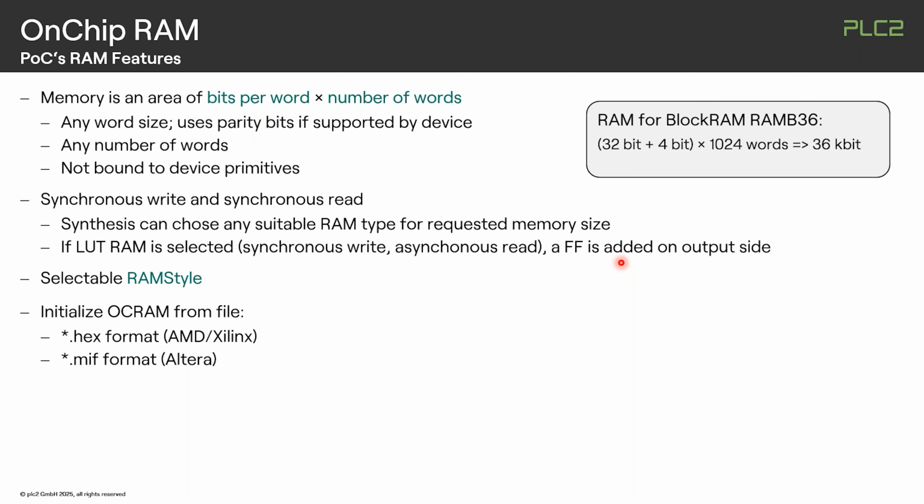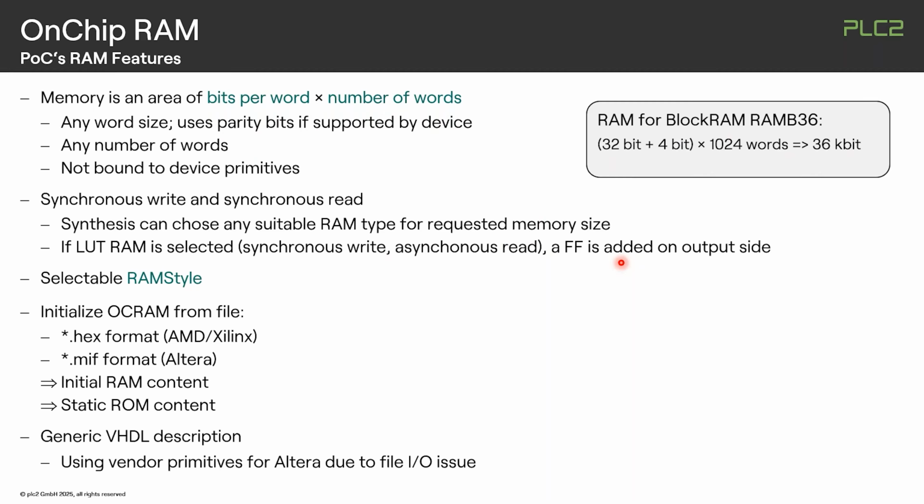We can initialize our OCRAMs with files, and for AMD Xilinx devices, this means there's a hex file format, one line of hex encoded characters or string per word. And for Altera devices, there's a MIF format, that's the memory initialization file format. This can be read by Altera devices.